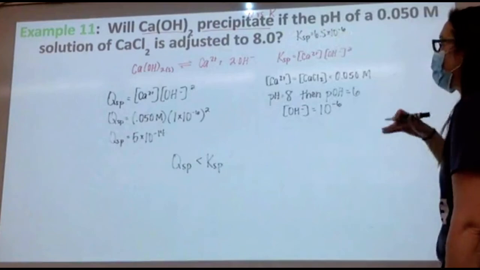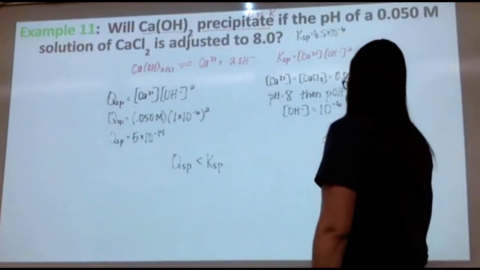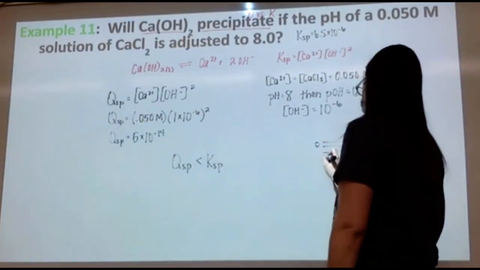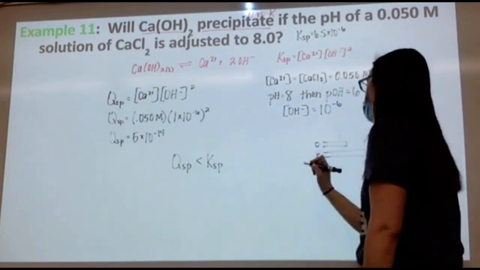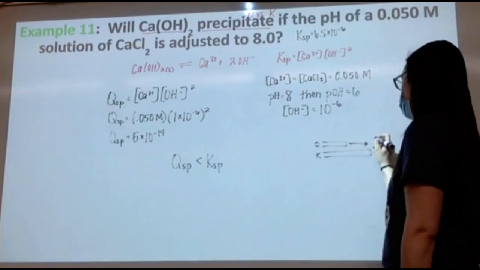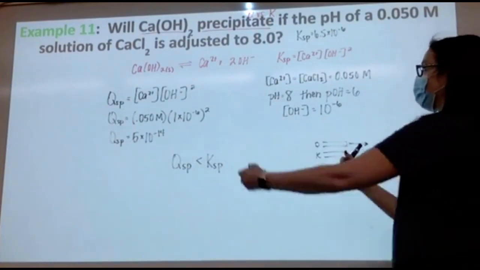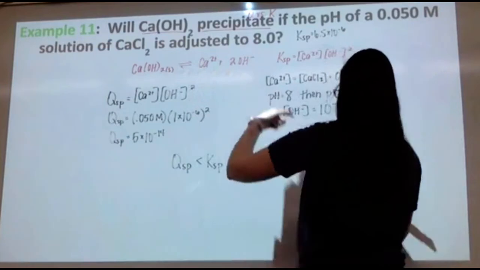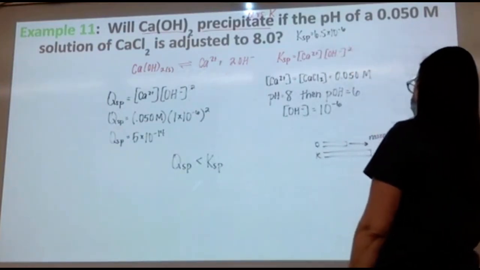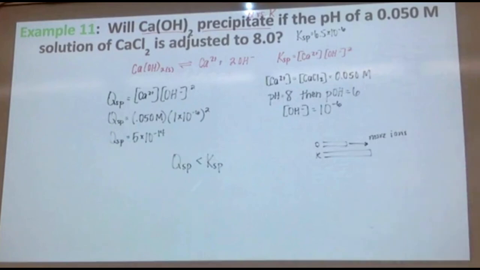So with the question, will it precipitate? Think about if Q is less than K. Well, if Q is less than K, to get to equilibrium, the reaction is shifting this way, which means we need more ions. So when you're thinking about will it precipitate, you want to know, will a solid form?